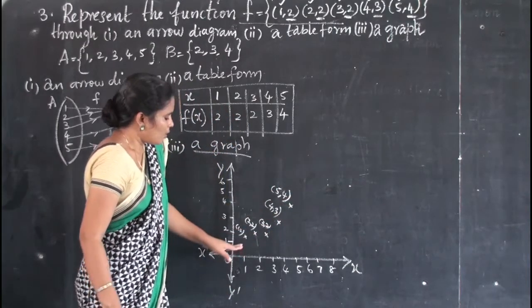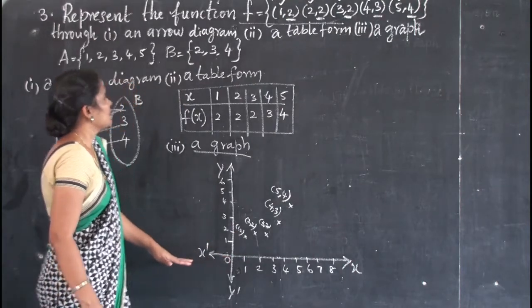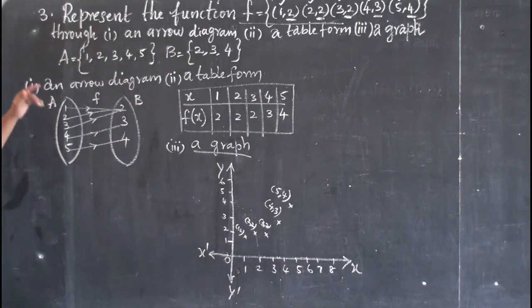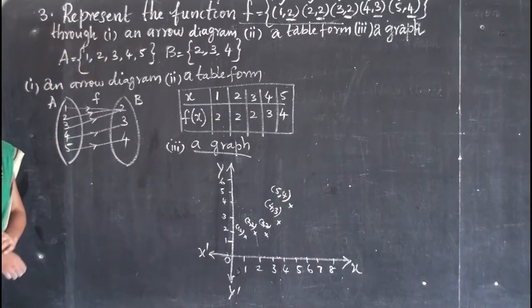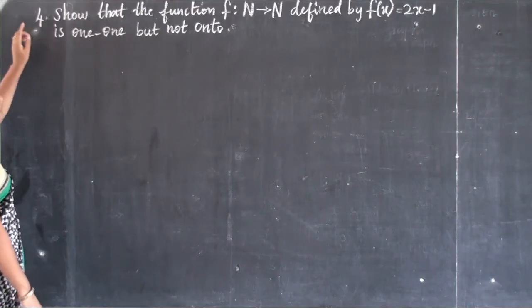Need not join all the points, leave it as it is. So now you can easily find an arrow diagram, a table form and a graph. Okay. Question number 4.